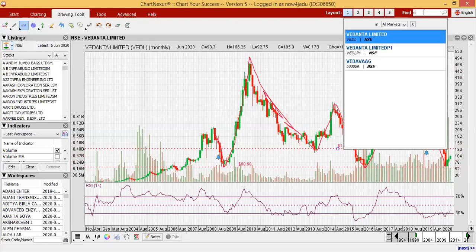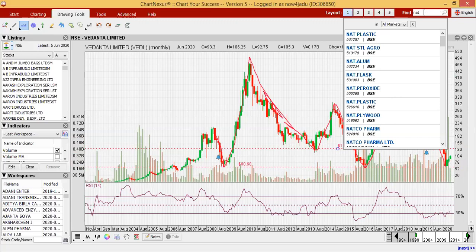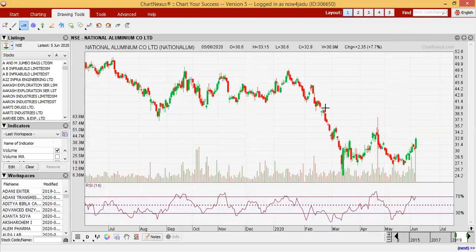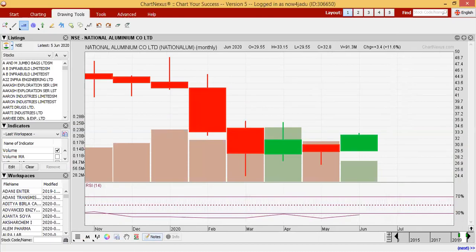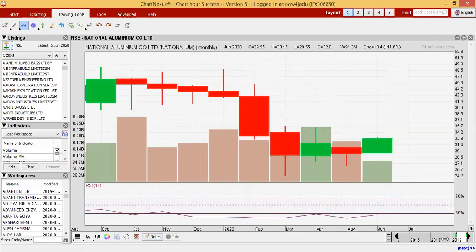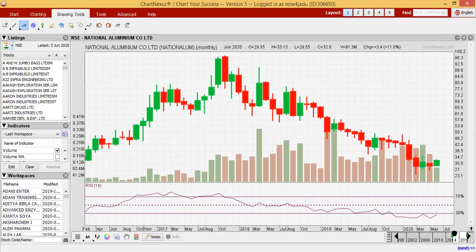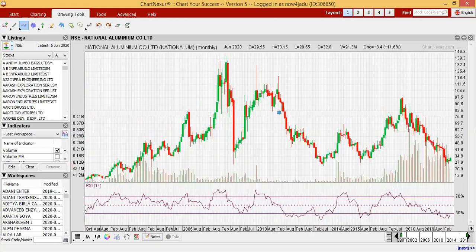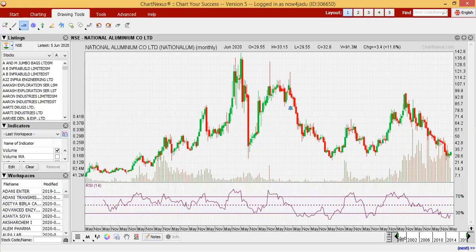And another stock is National Aluminium. Those who are following this stock also know where the exact multi-year support is.